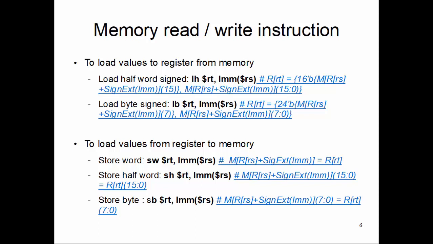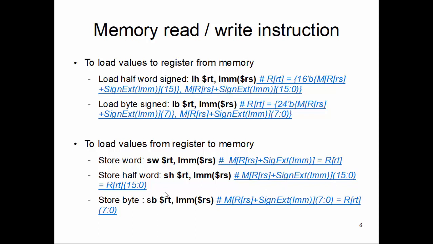Now store half word is the same thing. You go to one address and store 8 bits, a byte, and then one above you store another byte, another 8 bits. So that's what we do here.